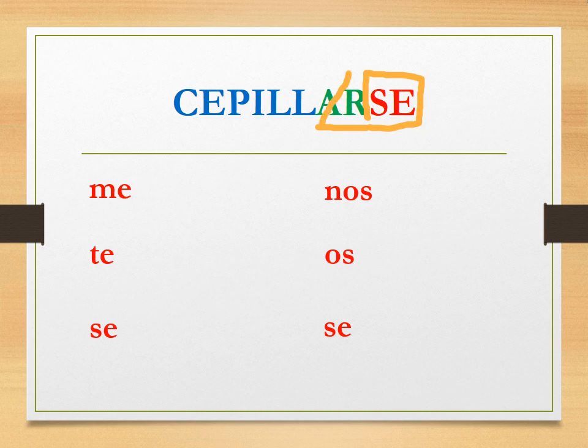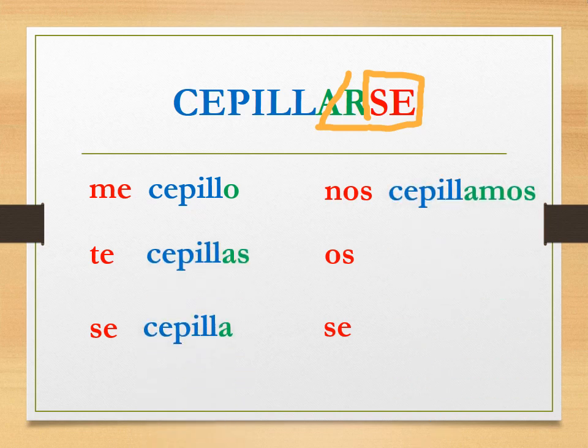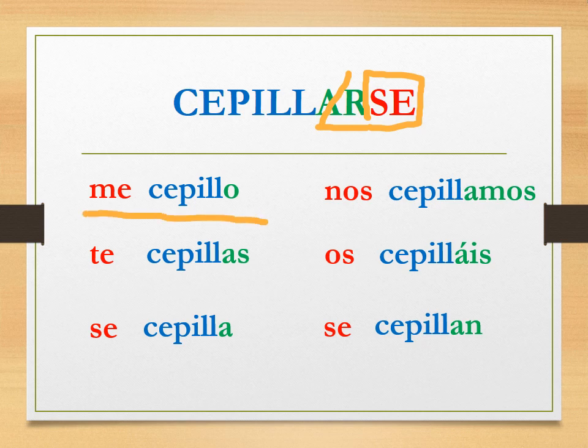It's an AR verb, so I'm going to add my AR endings. Cepillo, cepillas, cepilla, cepillamos, cepilláis, cepillan. So if I want to say I brush my teeth, me cepillo los dientes, because I'm talking about myself. We brush our teeth before bed. Nos cepillamos los dientes antes de ir a la cama.